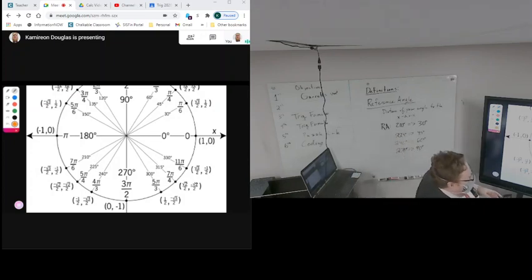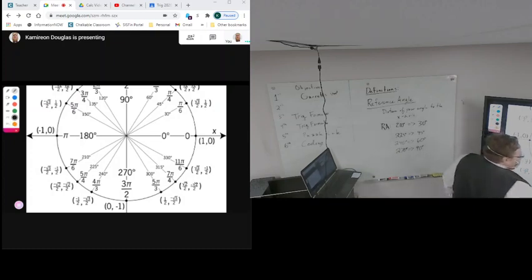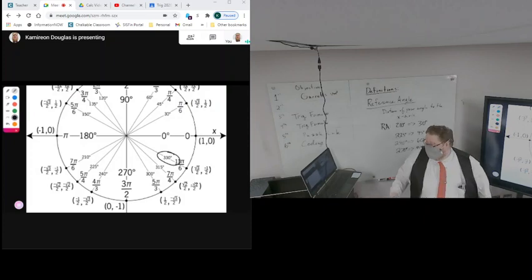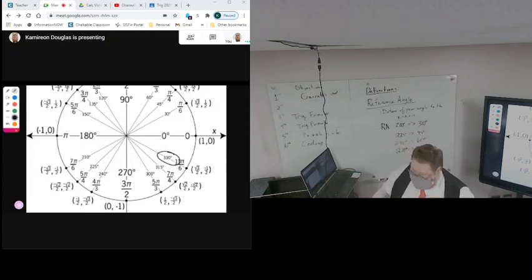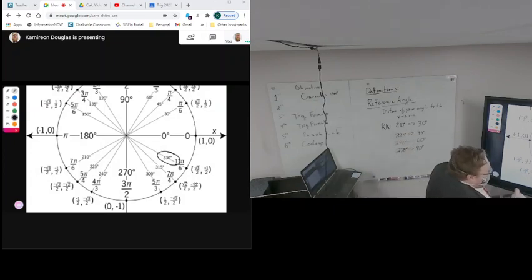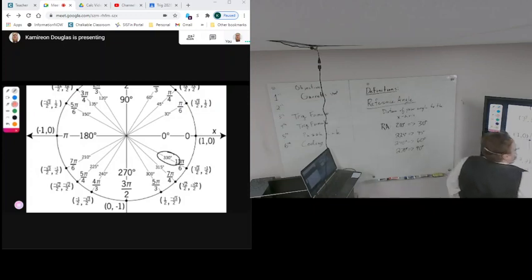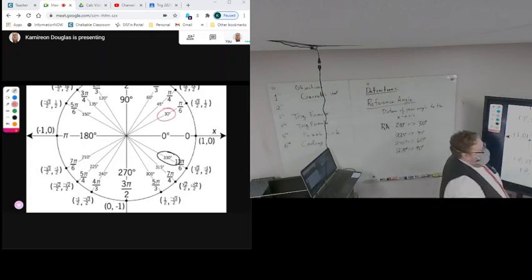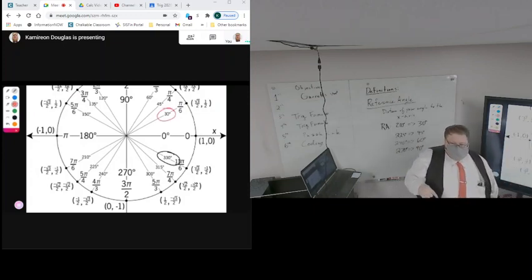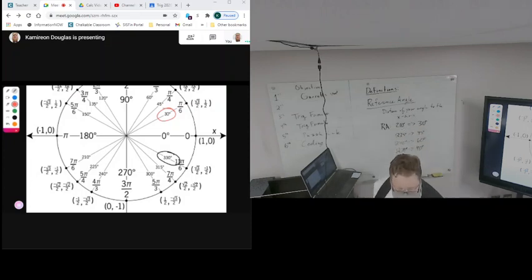Coterminals match exactly. 330 degrees matches perfectly with -30 degrees because they are coterminal. They have the same angle. But 330 degrees matches similar to 30 degrees. Not the same, just similar.